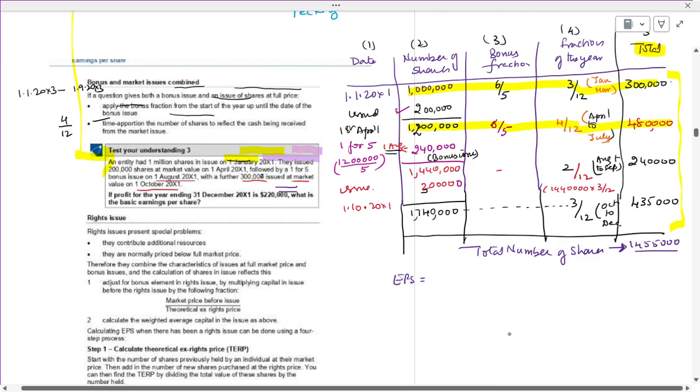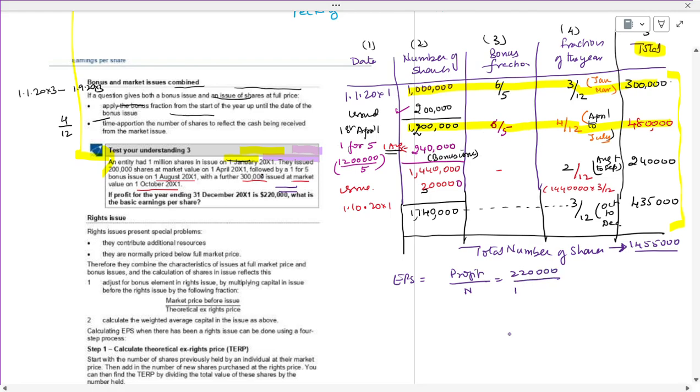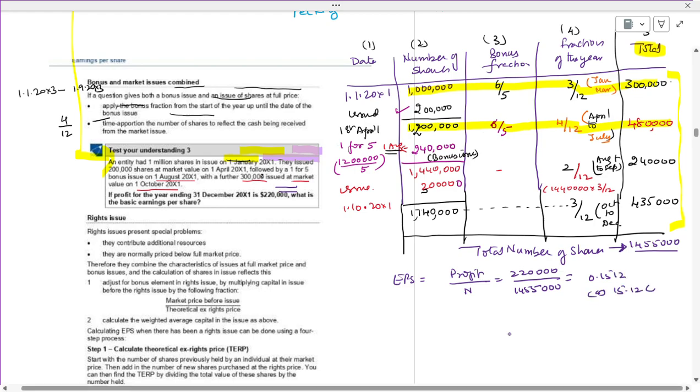Earning per share is profit divided by number of shares. Profit is given in the question, 220 divided by 1,455,000. It comes to $0.1512 or 15.12 cents per share.